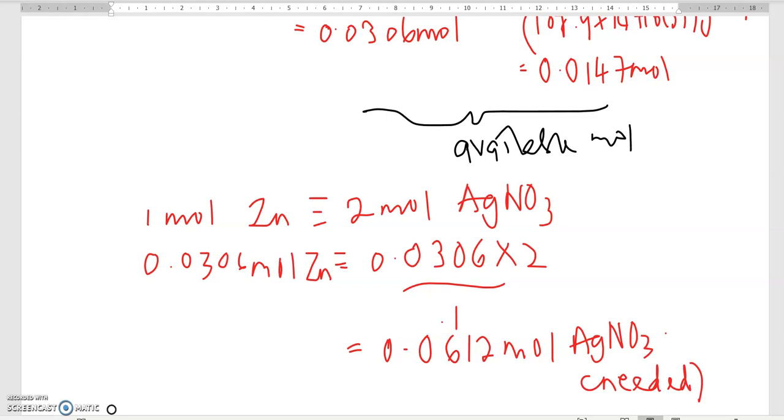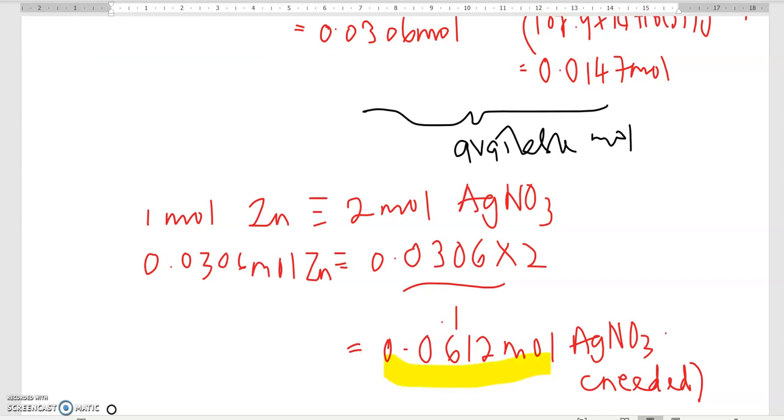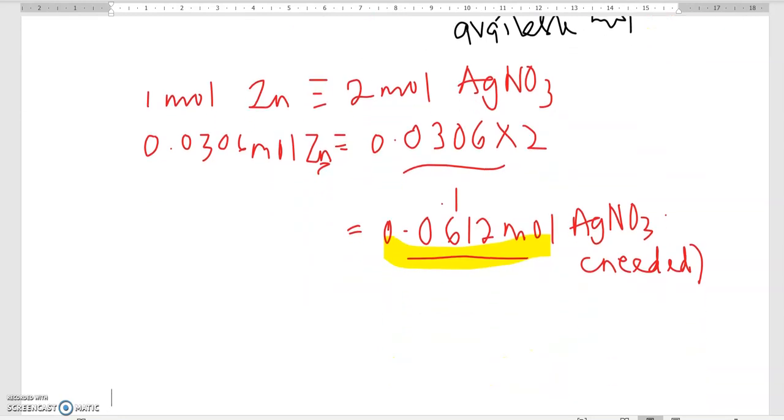So we must compare. Compare what? Needed mole of silver nitrate and available mole of silver nitrate. So therefore, we find the mole of needed silver nitrate is larger than the mole available, 0.0147. So zinc becomes our excess reactant.